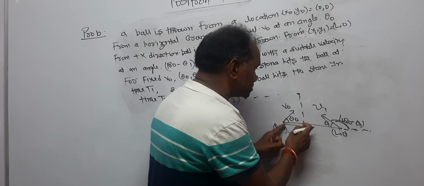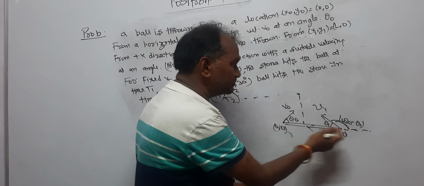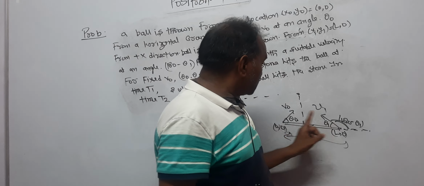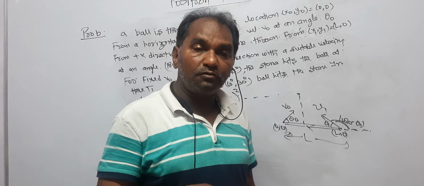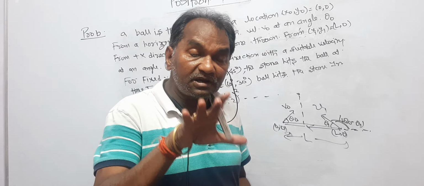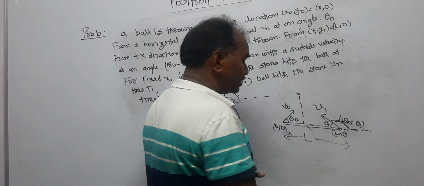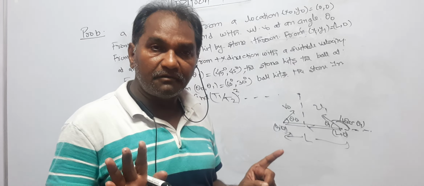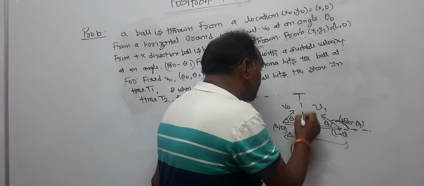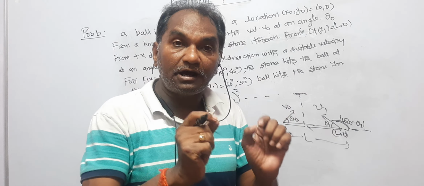This horizontal distance is traveled by the first ball and this is traveled by the second ball, and their sum is equal to L. Both the ball and the stone are thrown at angles theta 0 and theta 1 respectively from the same level. If they are projected from the same level, then they should reach at the same time a vertical height where they meet and collide with each other.